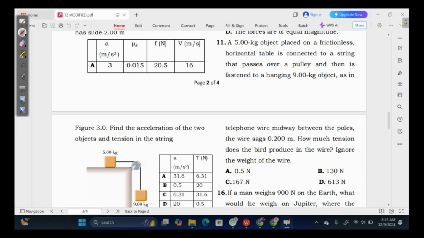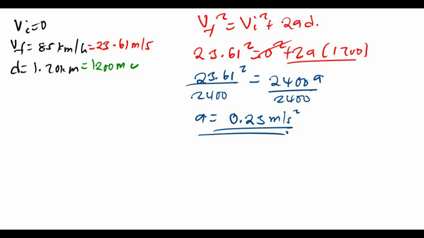Okay, so we have this kind of pulley. I have an object. It goes here, it comes there. So this is 5 kg, this is 9 kg. Let's denote this one to be M1 and this one to be M2.